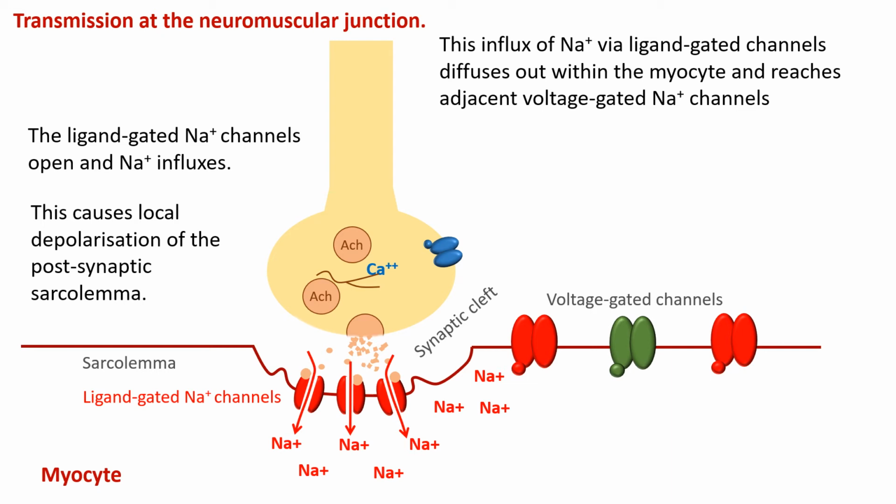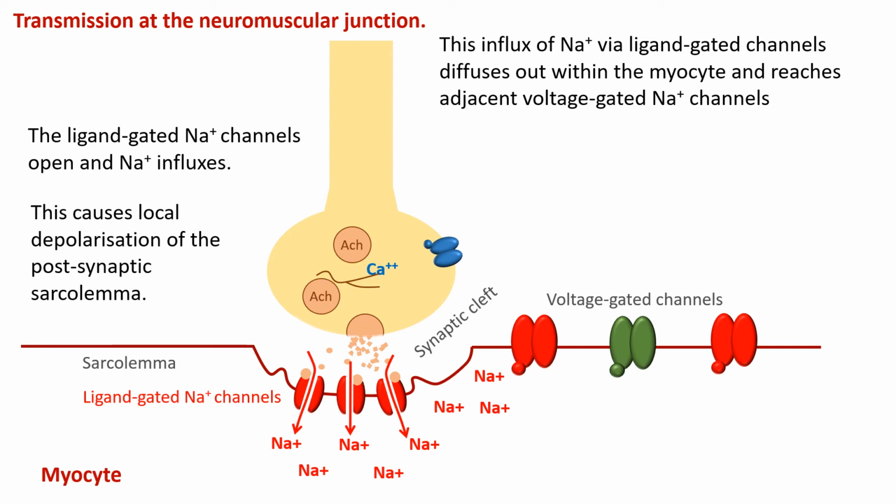This, as always, diffuses out, and next to the postsynaptic sarcolemma, in the rest of the sarcolemma, we have voltage-gated channels. So here we go, this is back to the start of our action potential. Here we can generally call it a wave of depolarization because we're not in a neuron.